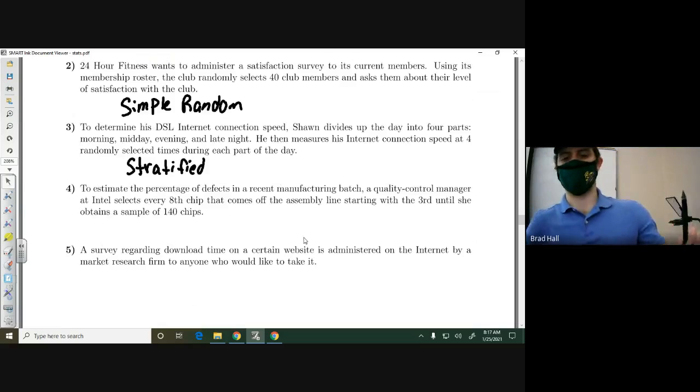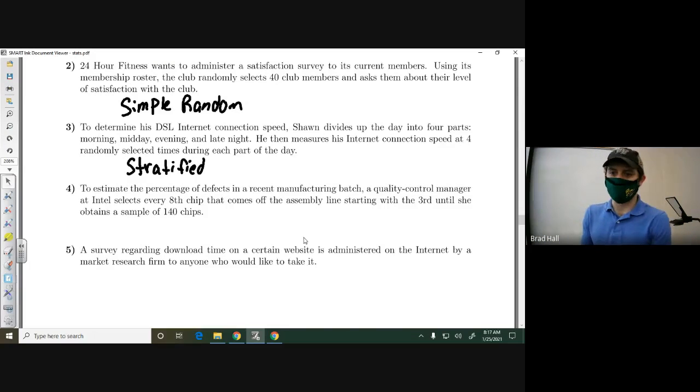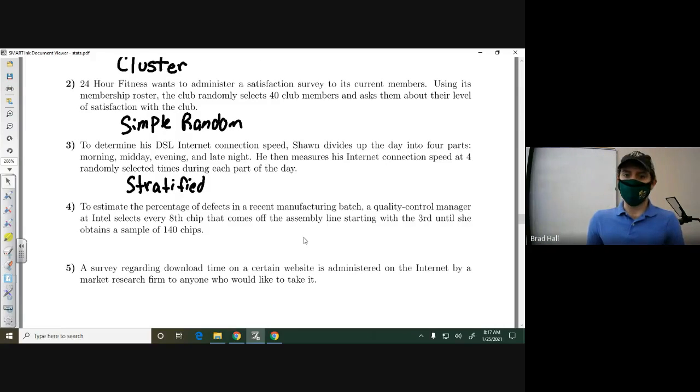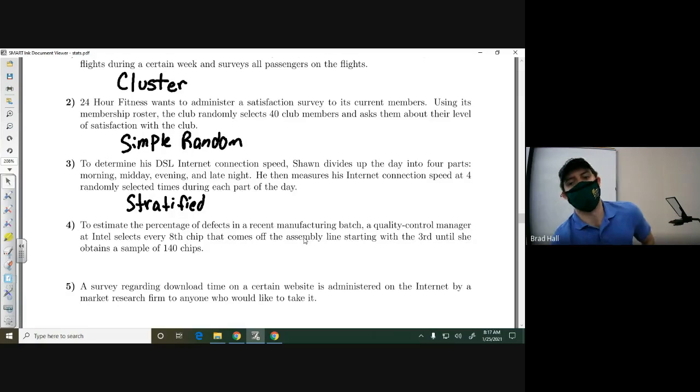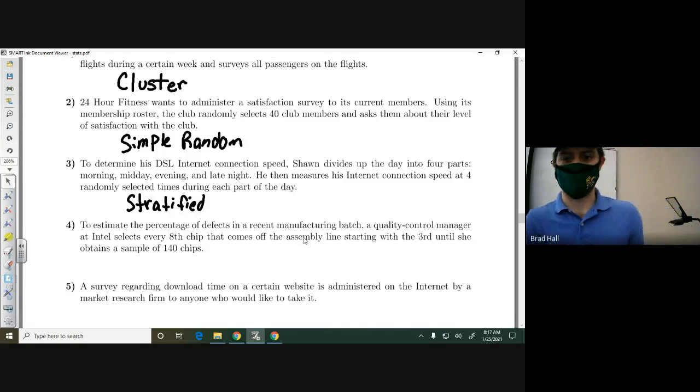Maybe 4 might be a little bit easier. To estimate the percentage of defects in a recent manufacturing batch, a quality control manager at Intel selects every 8th chip, starting with the 3rd chip, until they collect 140 chips. Yeah, that one's systematic. That one's a little bit easier. Anytime you're dealing with 3rd, 8th, 7th, stuff like that, it's probably going to be a systematic way.